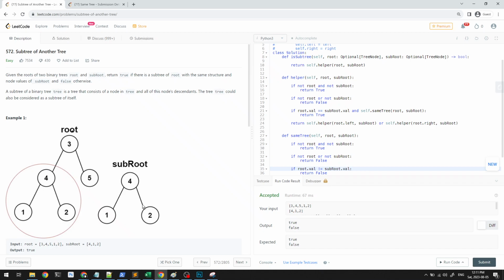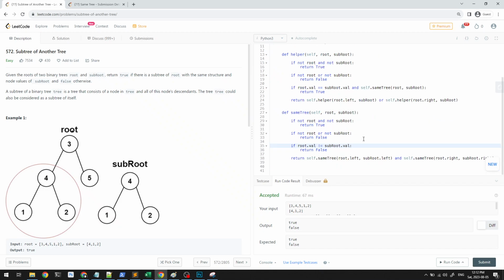What about our space complexity? Well, we need to go through this tree here, and then we also need to go through this tree here. But notice how we are not always doing that. For example, if we arrive at our solution here, then we can just recurse back and we have our answer. So at the worst case, all I'm really doing is going through this tree, and then going through this tree.